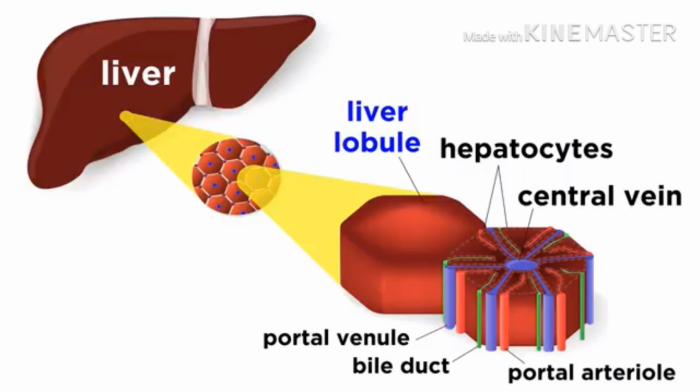These are hexagonal structures made of cells called hepatocytes, with blood draining out of the central vein and a portal triad in each corner. The name refers to the fact that it consists of a bile duct as well as a portal arteriole and venule bringing blood to the liver.